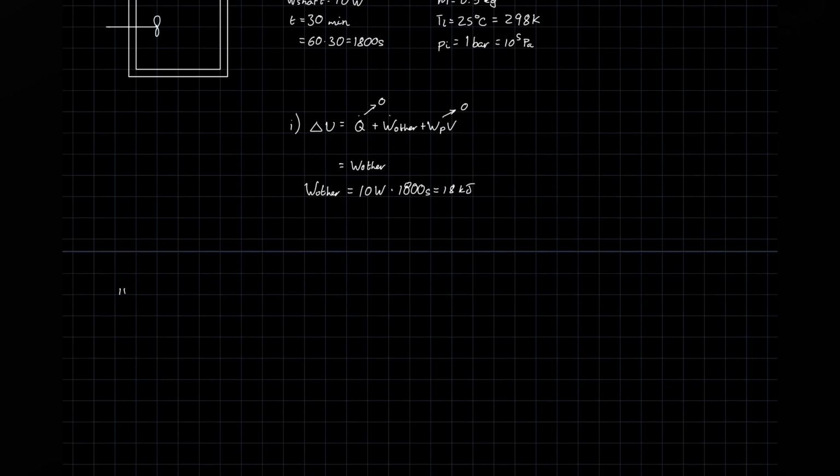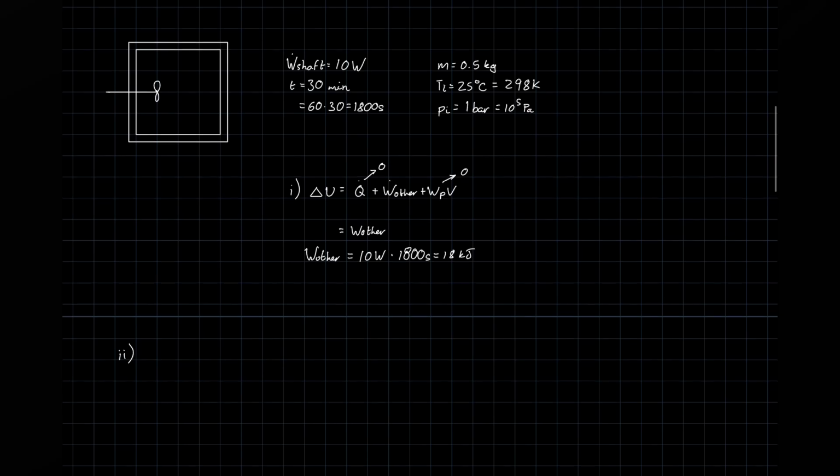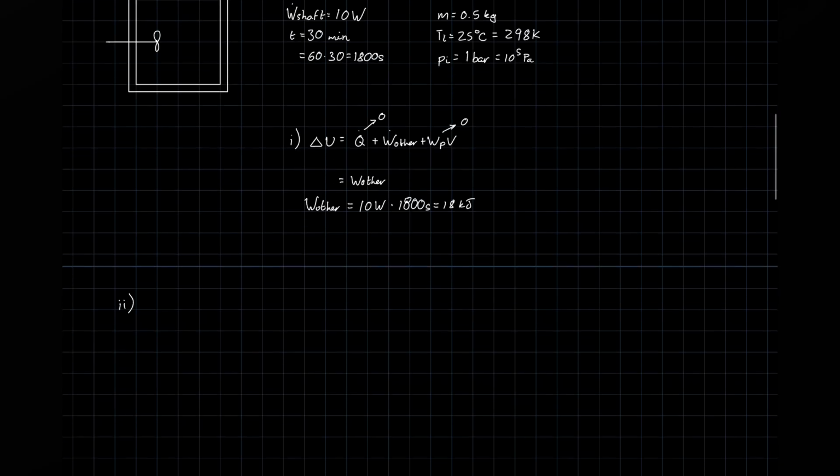Then we know that our internal energy for an ideal gas, well, U equals F over 2 nRT, or let's do delta U, so this will become delta T, and this will become mc_V delta T. So now all these delta T's can drop out, which leaves us with F over 2 nR equals mc_V.